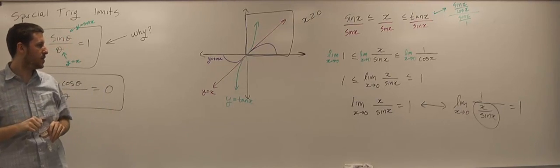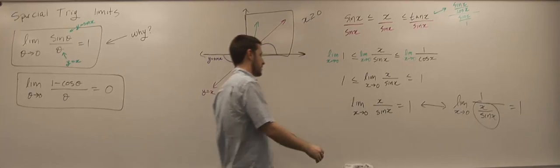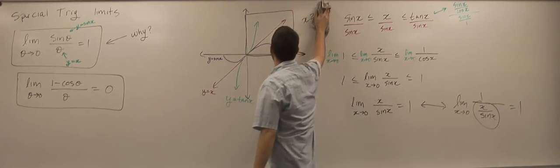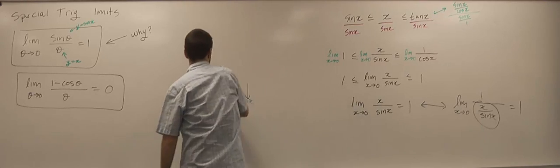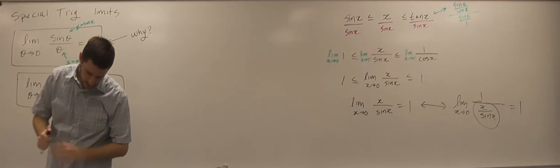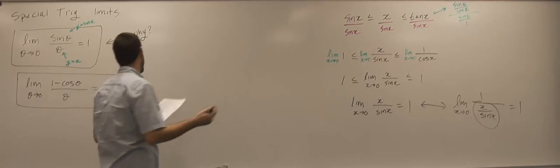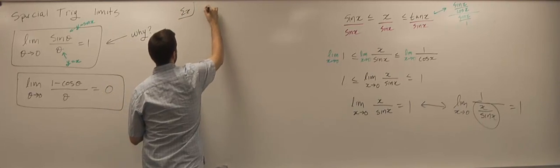Now, I actually want to be able to use these special limits in homework exercises. So let me give you some examples of how you might be using these. I could ask you, for example, find each limit.